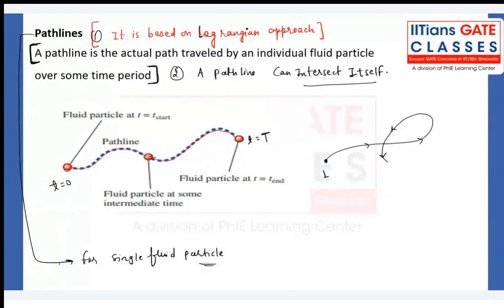So apart from the streamline and path line, we do have one more line, that is the streak line, and that is very important.